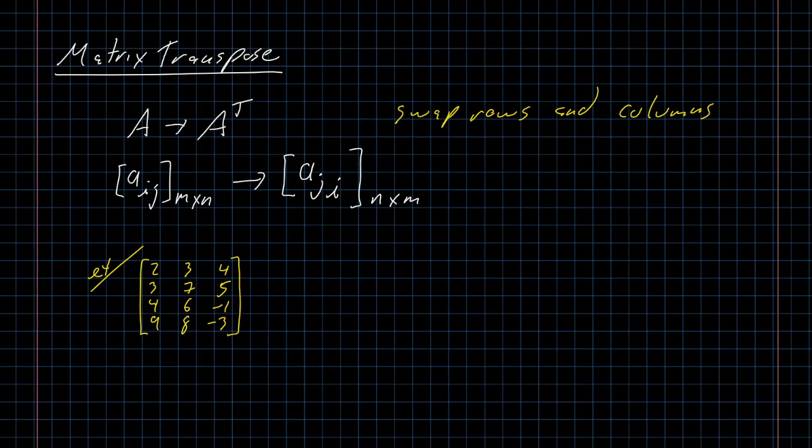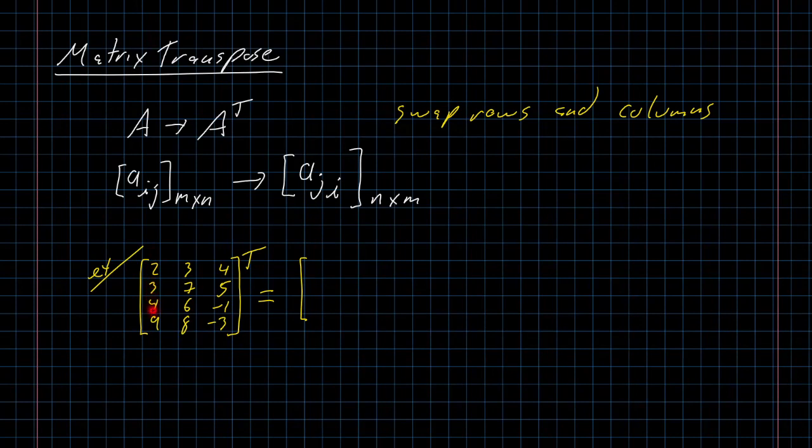So consider here, we have a matrix with 4 rows, 3 columns: 2, 3, 4, 3, 7, 5, 4, 6, negative 1, 9, 8, negative 3. And I want to take the transpose. Well, the transpose swaps rows and columns. So we're going to go from a matrix that had 4 rows and 3 columns to a matrix that has 3 rows and 4 columns.